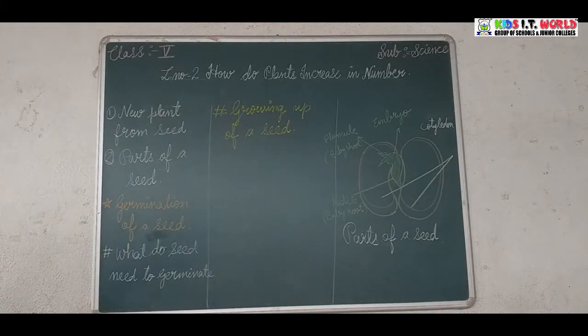When a seed is exposed to proper conditions, it begins to grow into a new plant. The seed coat breaks open and the white structure, that is the root of the plant, begins to grow. It is called the radicle.